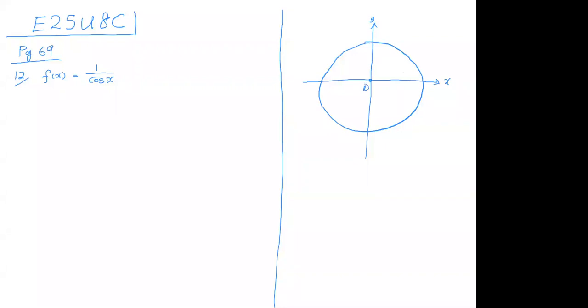Okay, this is a unit circle. If the angle is 0, it's here. At point A, the angle is 0, right?